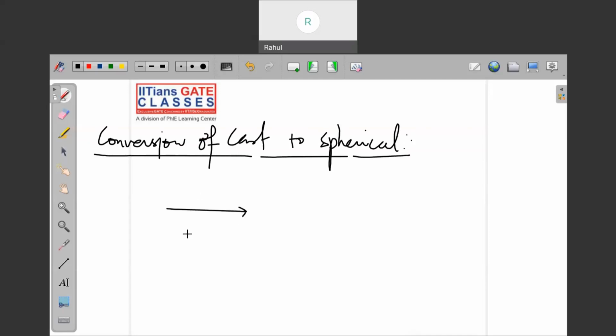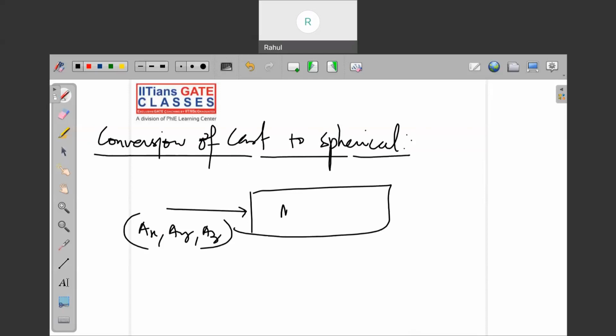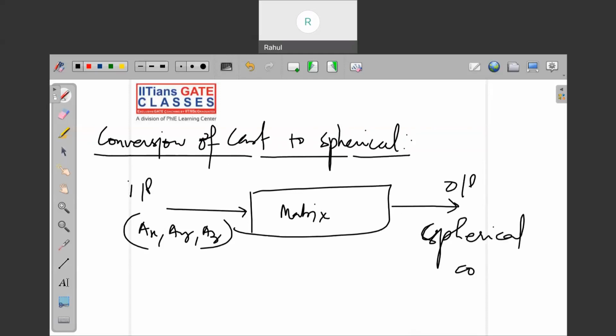Suppose in the input they have given ax, ay, az, and there should be a conversion matrix. This is the input, so what you are going to get is the spherical components. This is the Cartesian component, remember.